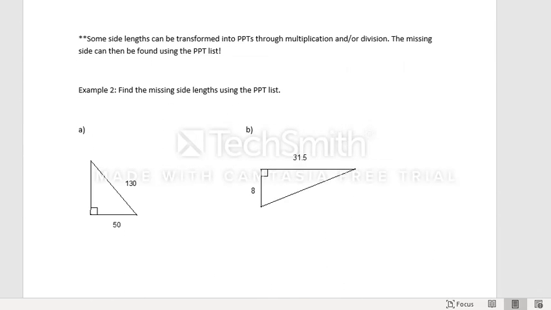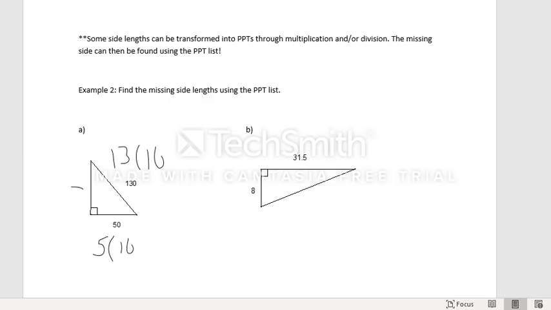Now, some side lengths can be transformed into PPTs by pulling out factors or multiplying to get rid of decimals. So if we look at this example A, this is the same as 5 times 10. This is the same as 13 times 10.